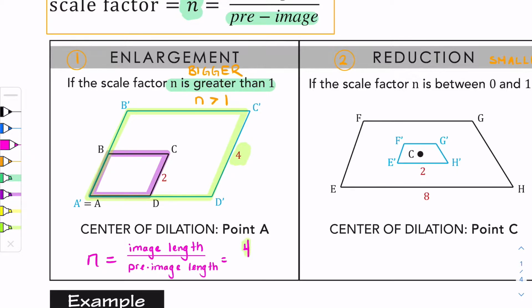And the pre-image length, or the denominator of this fraction, is also side CD, same side. The length is 2. If we simplify this, our scale factor n is equal to 2. That means that the smaller figure, the pre-image, is enlarged by a scale factor of 2.